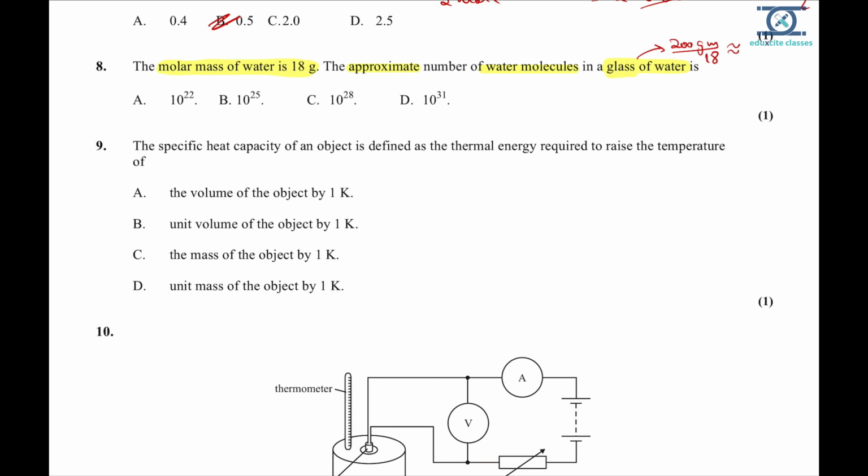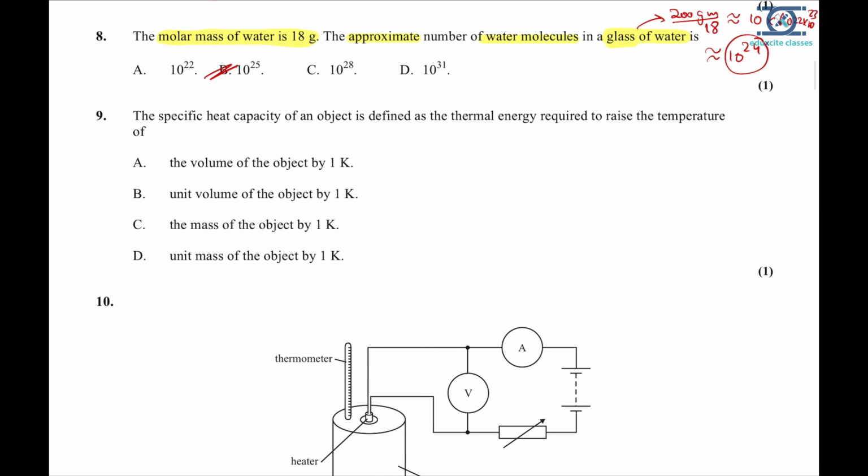So it is roughly around 10 moles, and into 6.022 into 10 raised to power 23. So it is roughly around 10 raised to power 24, or you can say the nearest answer is 10 raised to power 25. Because it is written already approximate.